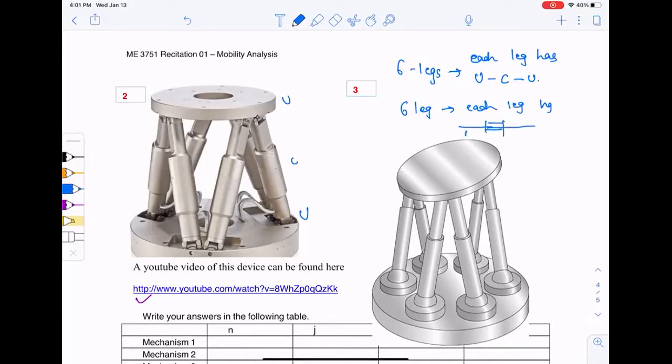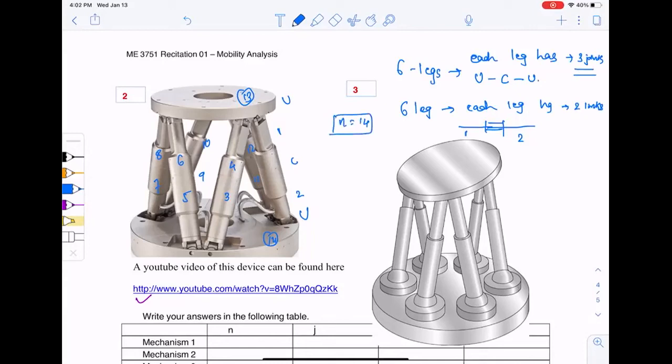So there will be first link and this will be second link. So each leg has 3 joints and 2 links. So first link and second link, then there will be 3, 4, 5, 6, 7, 8, 9, 10, 11, and 12. Then the top platform is 13, ground is 14. So we can say that n is equal to 14 in this case.